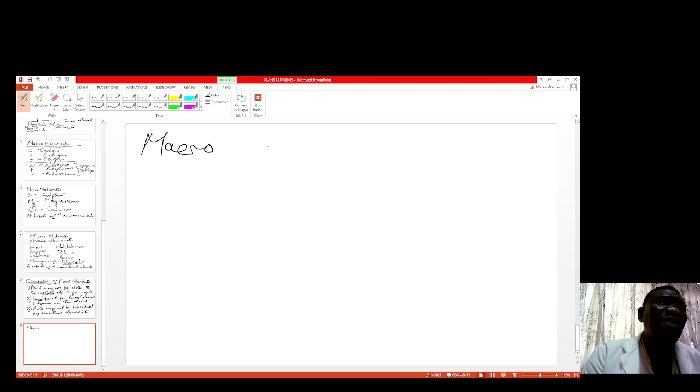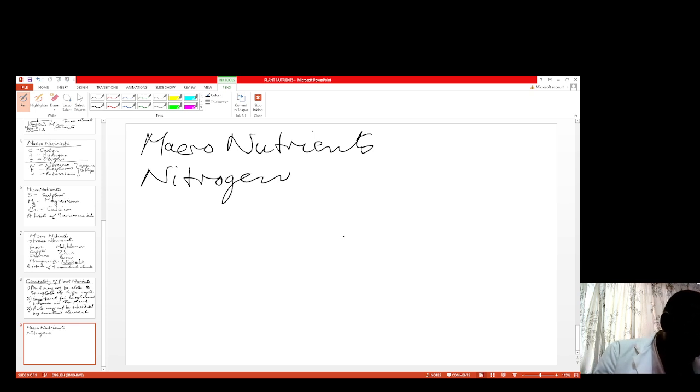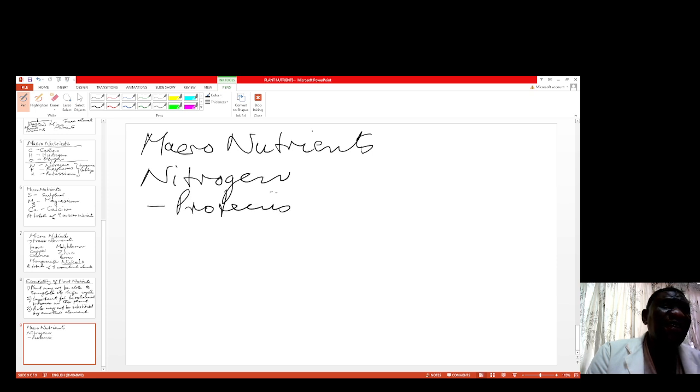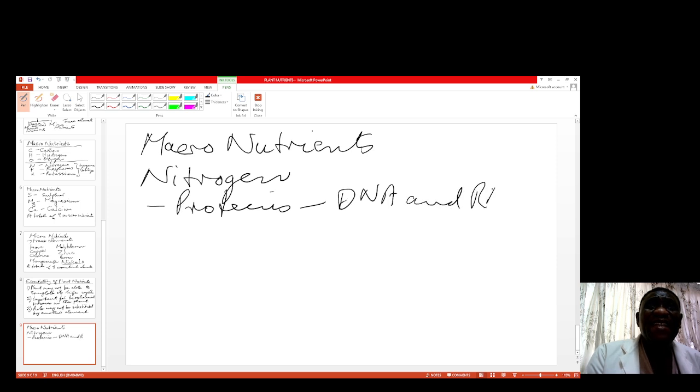Macronutrients. We start with nitrogen. What is it important for? Nitrogen is important for proteins. It is part of proteins, part of DNA, that is life itself, and RNA.